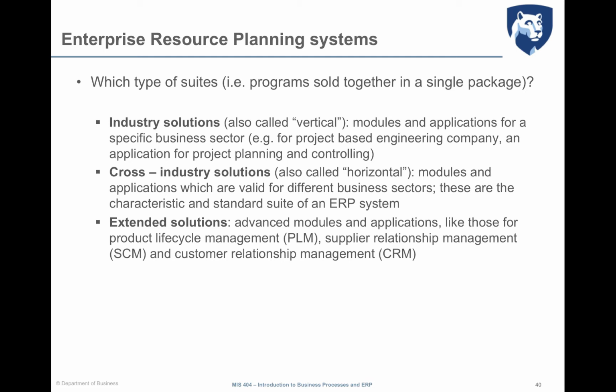Pay attention that we also have what we call extended solutions, meaning advanced modules and applications which can integrate the actual ERP system, horizontal and vertical, like applications and programs for product lifecycle management, for customer relationship management, and for supplier relationship management.